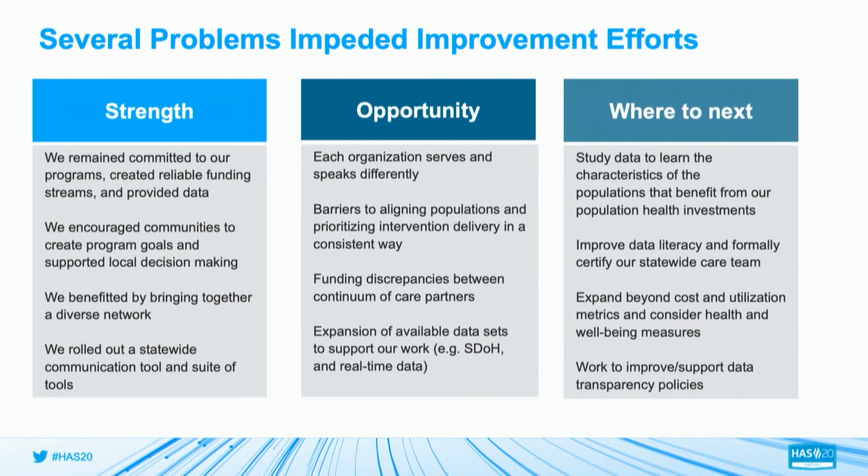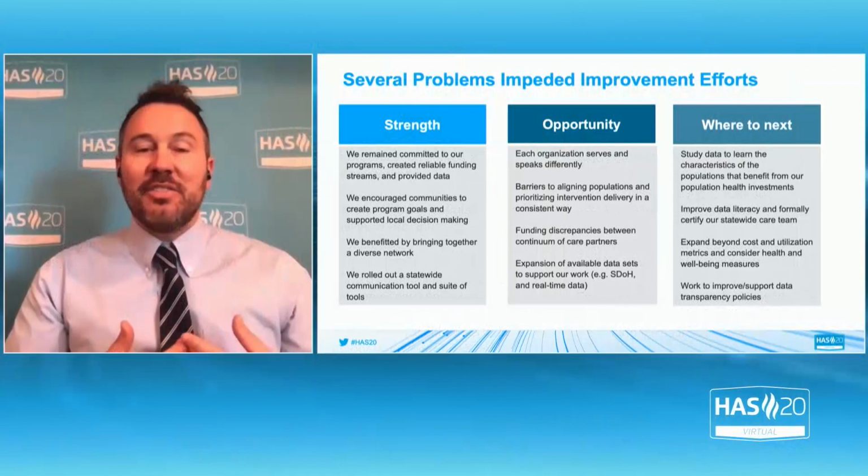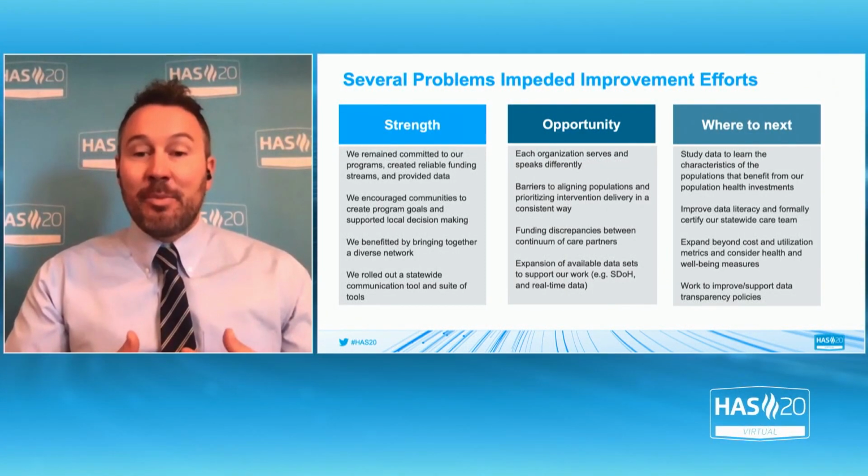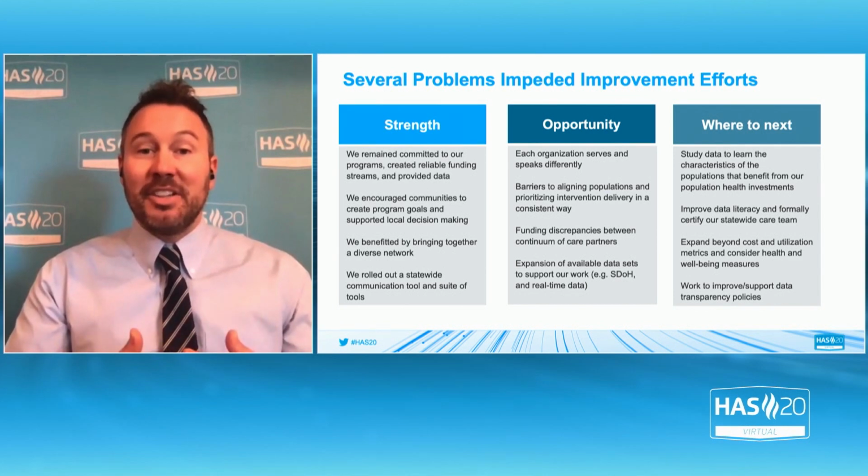All right. So, we've had a lot of strengths and success as an ACO, a young ACO, or a young organization. There are many things that are opportunities for us and where we want to focus time. And so I'll start by saying that while we celebrate the fact that our network is diverse, we also realize that each of these organizations that's come together to participate is serving a different population. They're speaking differently.